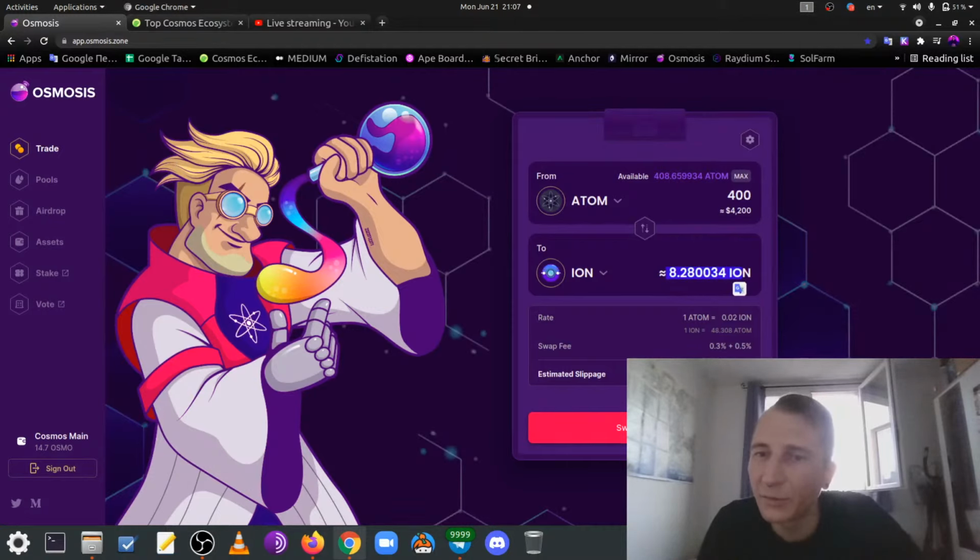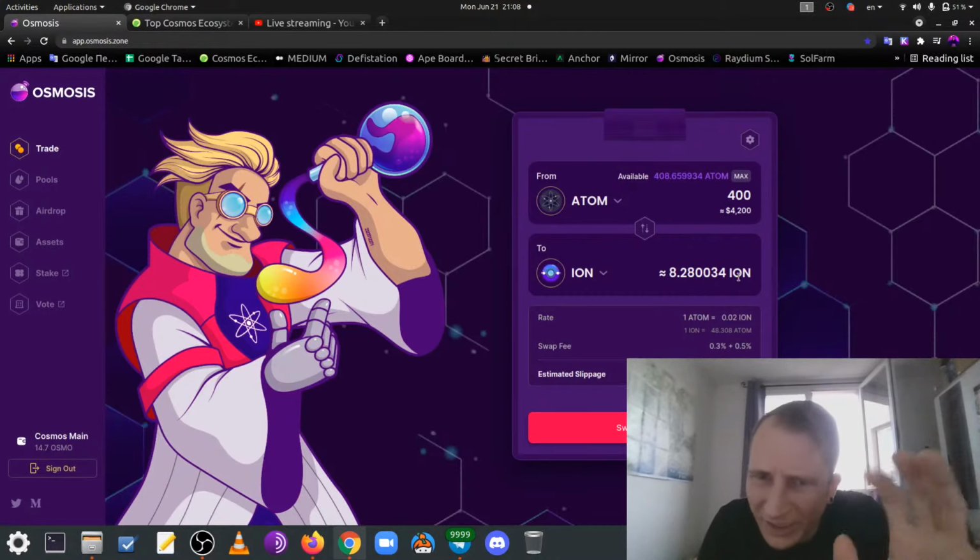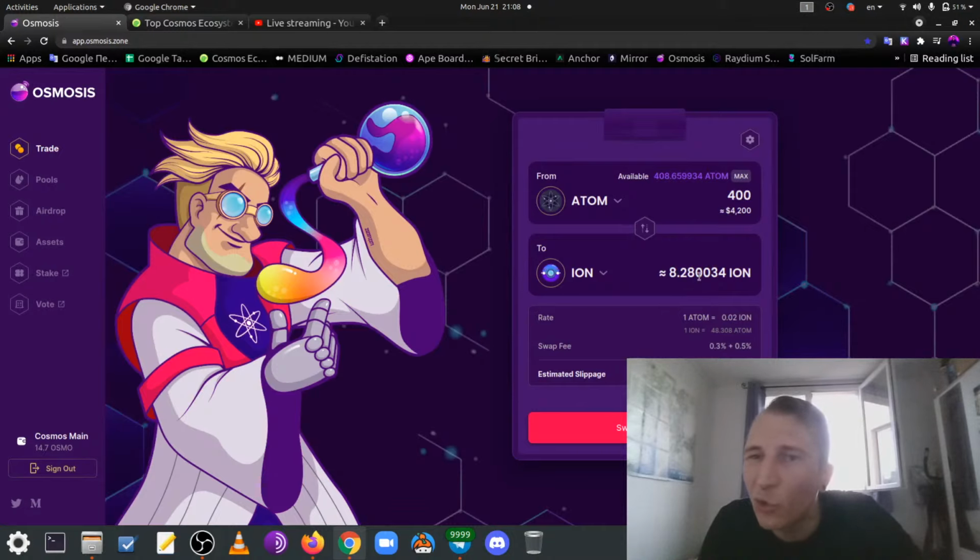I will get this amount minus swap fee and minus this percentage, so something like 9% or near to 10. It means that I will get not 8.2 but 7.3 ions. And you need to be ready. Why does it happen? Because it's a difference in the pools.